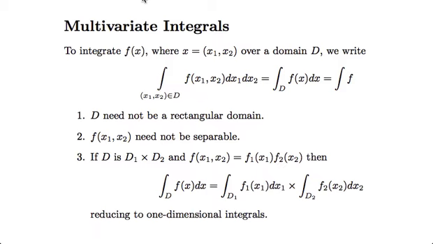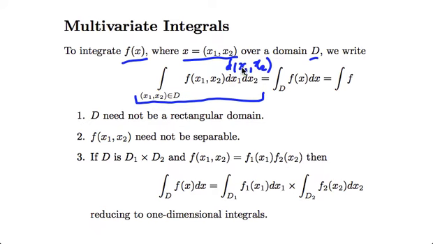Now, for multivariate integrals, to integrate f of x, where x is actually a vector like x1 comma x2, over a domain D, we actually should write something like this. So we should write the integral over x1 and x2 belonging to D of f of x1 x2 dx1 dx2, or maybe sometimes d of x1 x2.